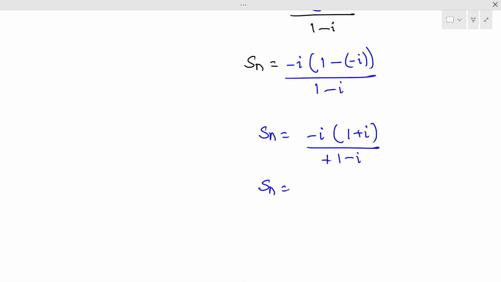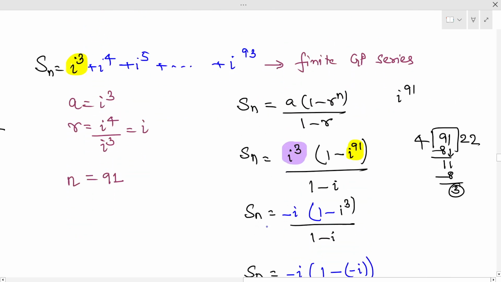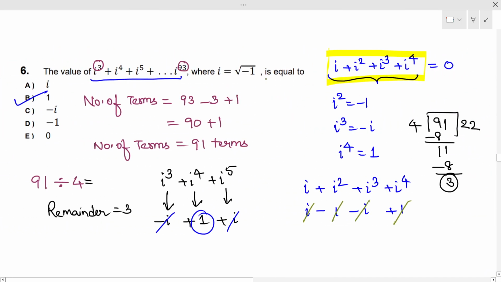Sn will be (-i - i²)/(1 - i), so it will be (-i + 1)/(1 - i). So it's the same, we cancel out and we get Sn equal to 1. That means this series is equal to 1. So whichever way is easy for you, you can go and check. You will always get the correct answer, right?